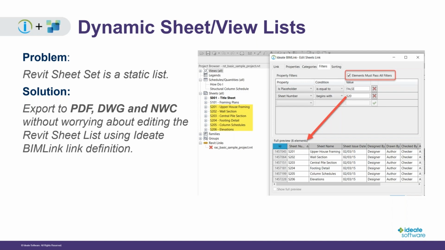For example, on the screen you're seeing sheet number begins with S20. Let's say you set it up for 3 models, and this script will go to each one and build that sheet set on the fly, and it pulls all the PDF set that you need that begins with S20. This can apply for PDF, DWG, and NWC, and we just added IFC like I mentioned earlier. So you can basically define it.